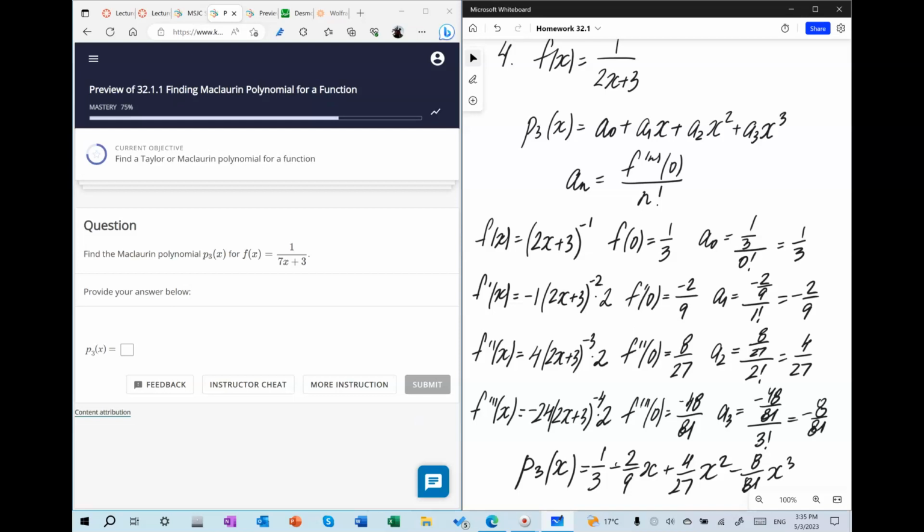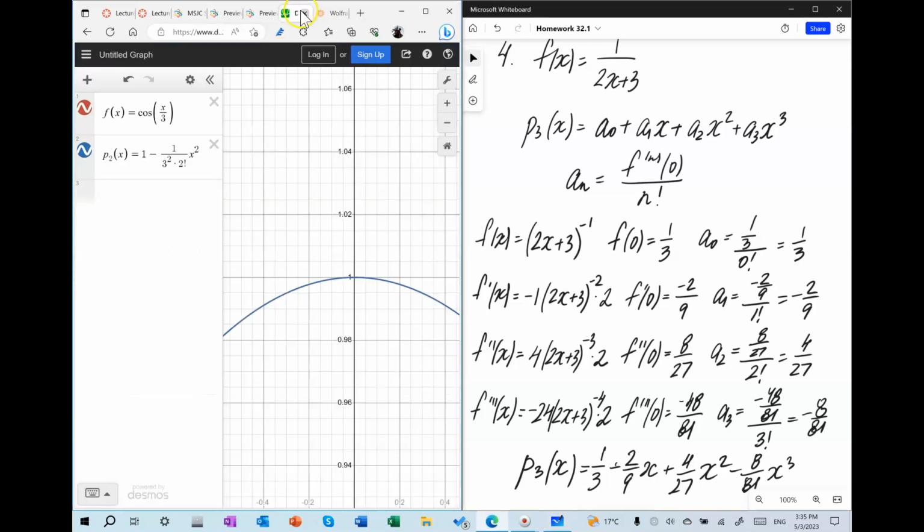And before we enter this answer, we can check the intuition. So let's just graph the function and type this polynomial.